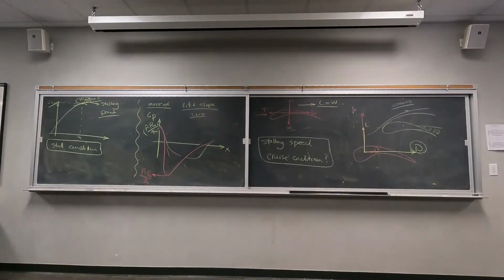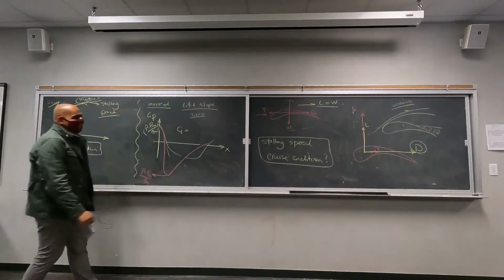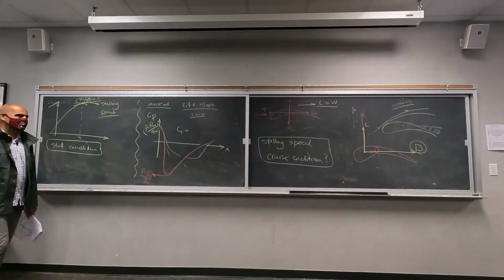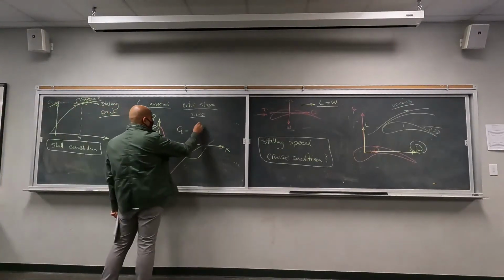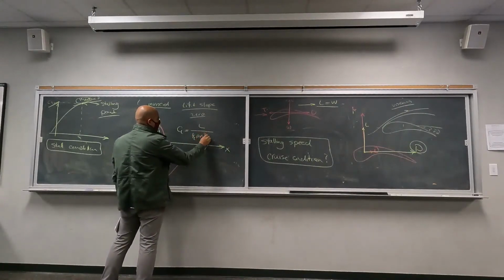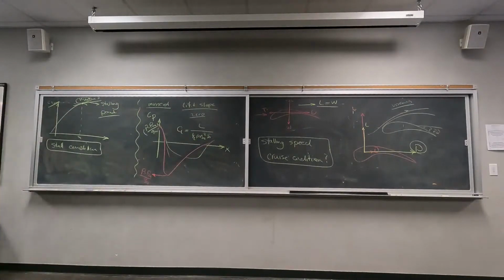But again, let's go back to the original question. What is the stalling speed during cruise condition? To answer that question, let's see how we defined the force coefficient. What was the main definition here? Lift over 1/2 rho v infinity squared multiplied by the area, right? Okay.